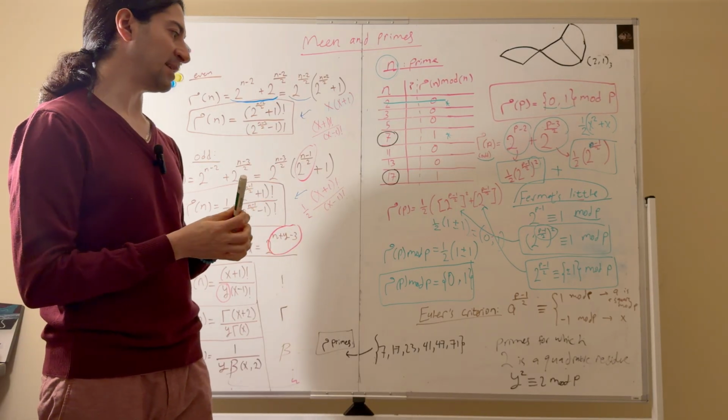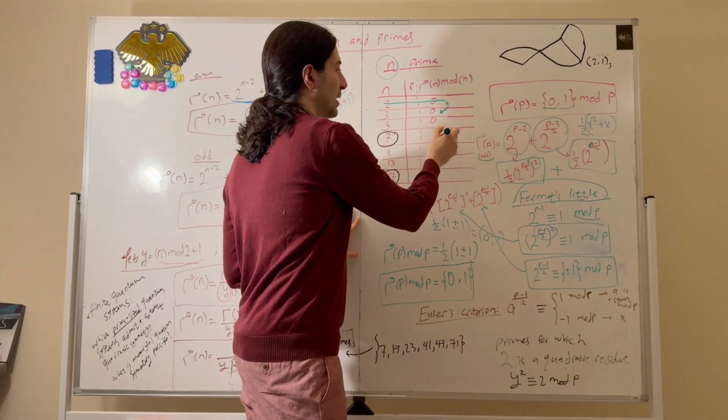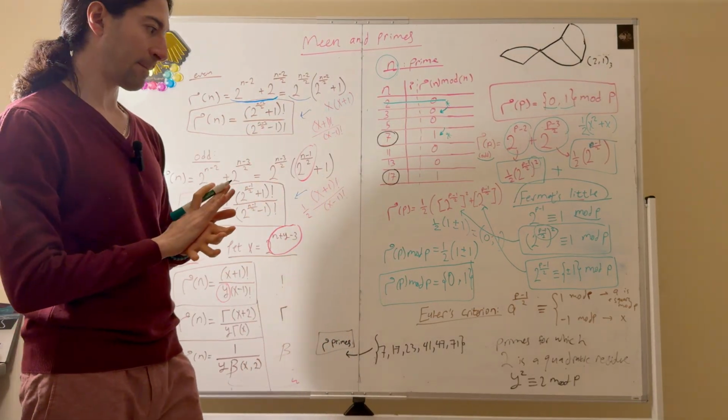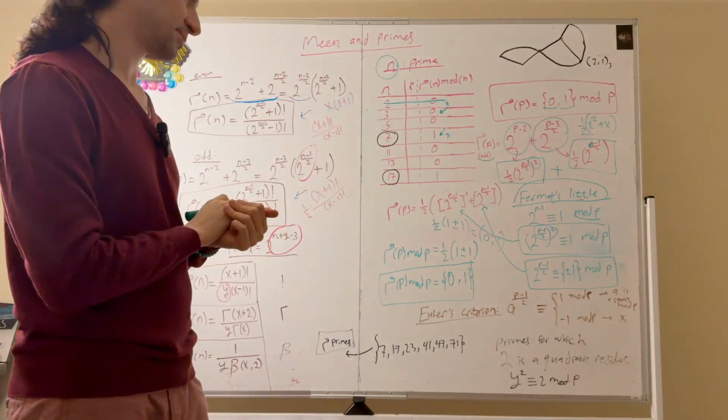Now let's take this another step further. Can we determine when it will be 0 and when it will be 1? Yes, we can, because again, we're going to use quadratic residues.